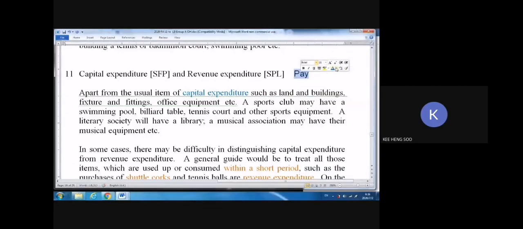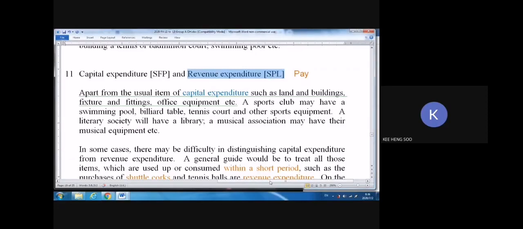Both capital expenditure and revenue expenditure, you make payment. But when you make payment for capital expenditure, we are going to record it as a non-current asset. So you make payment for shuttlecock, electricity bills, tennis ball, you record it in your income and expenditure. SPL refers to income and expenditure here.